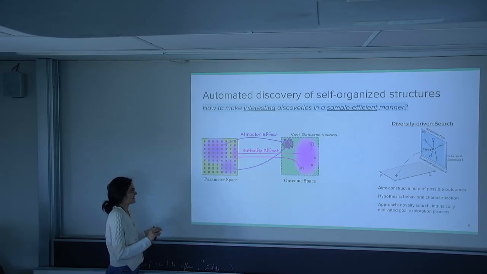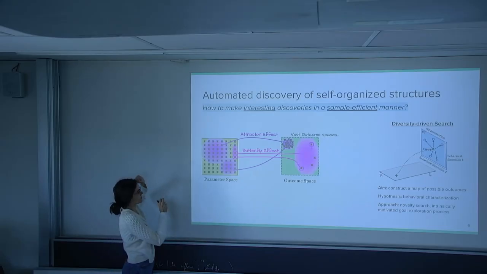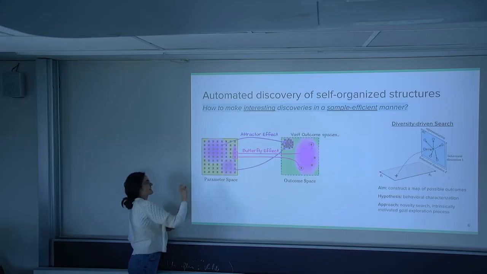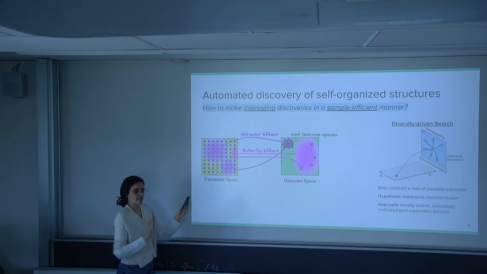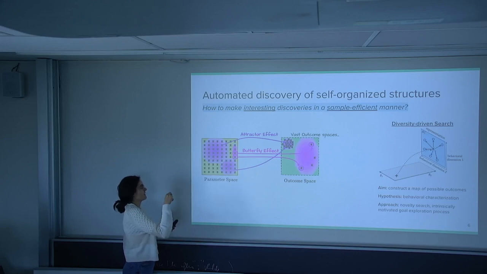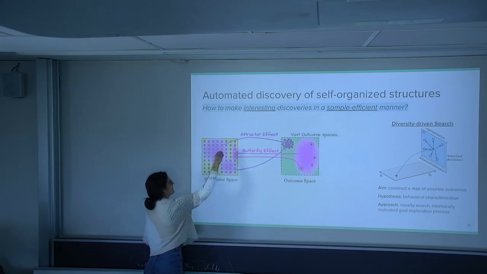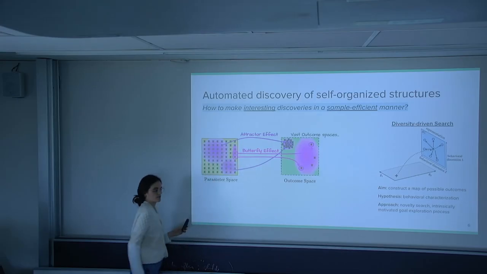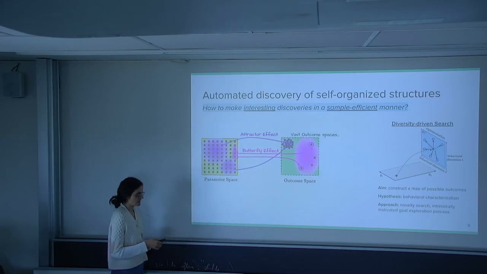Clément already said this morning, but it means that you have super large regions of the parameter space that lead to similar outcomes. And conversely, you might have tiny regions in the parameter space that lead to a wide variety of behaviors. And so we're trying to have a more efficient algorithm that can focus sampling in these interesting regions to lead to maximally diverse outcomes.